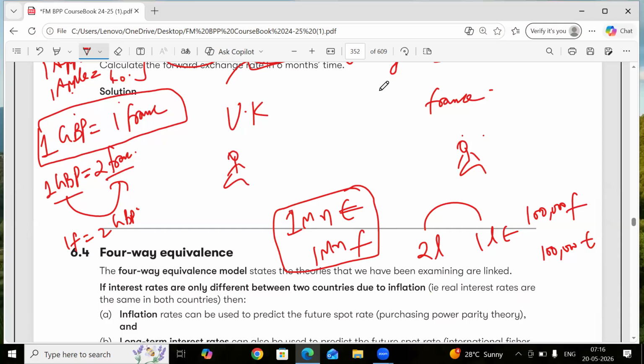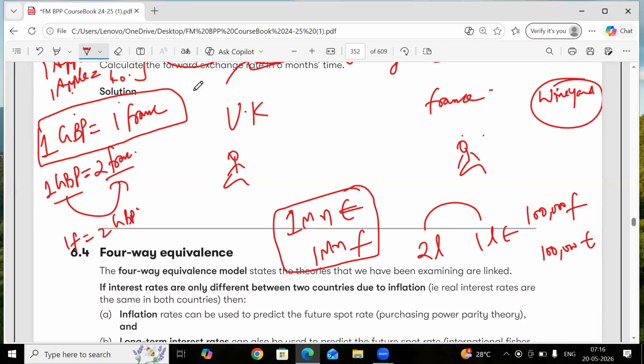What is going to happen? The French guy is not going to go to the bank, pay francs, buy pounds and invest in UK. And the UK guy is not going to go to the bank and pay pounds and buy francs and invest in France. So what are they going to do? They're going to exchange their payments. Here the UK guy wants to invest in vineyards. France is famous for its wine.